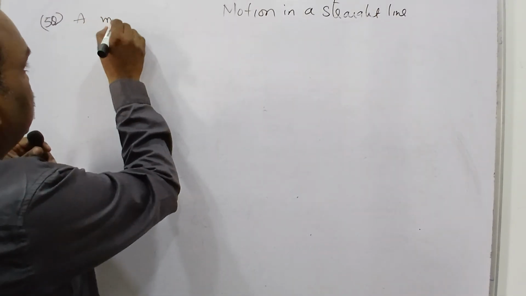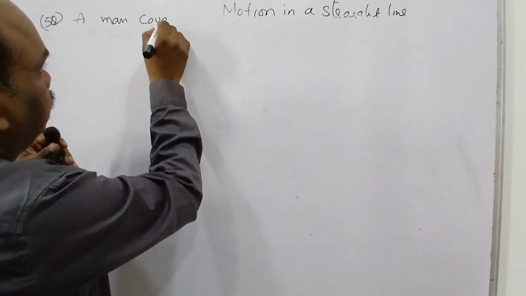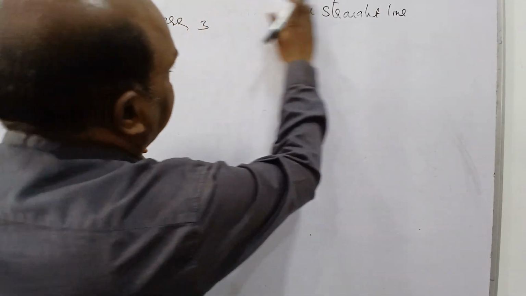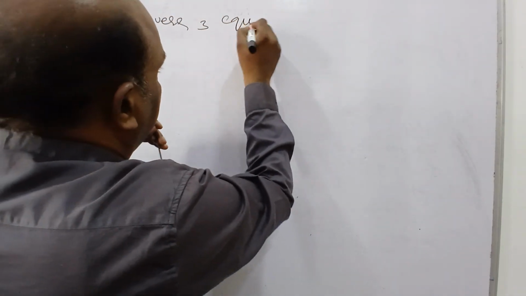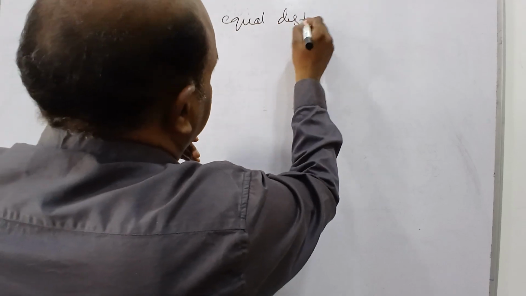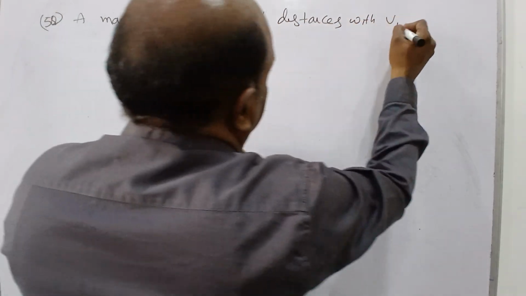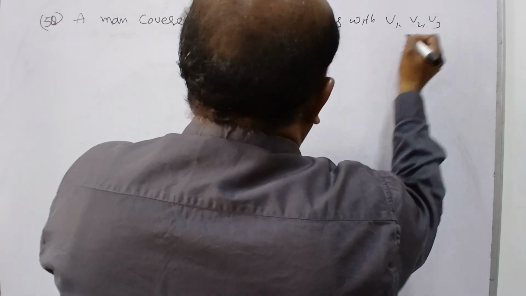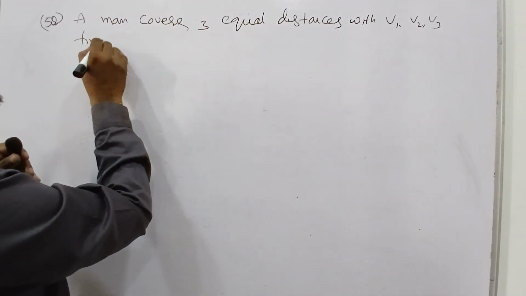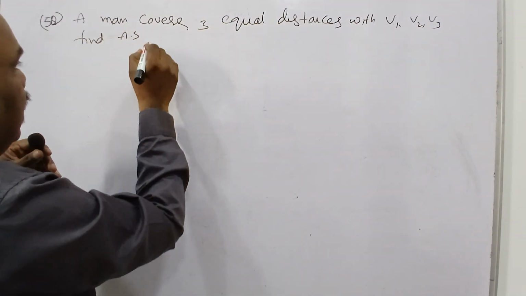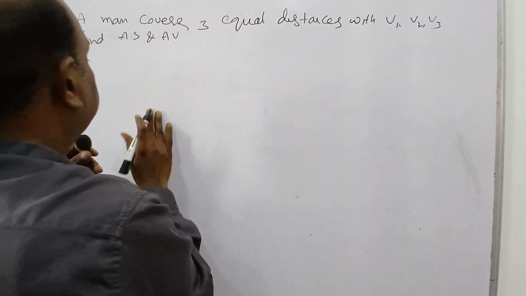I will write the question also. A man covers 3 equal distances with what speeds, beta? V1, V2, V3. Find average speed and average velocity.